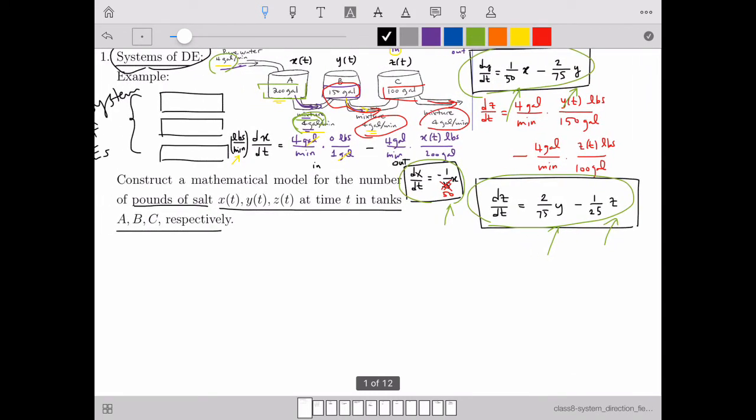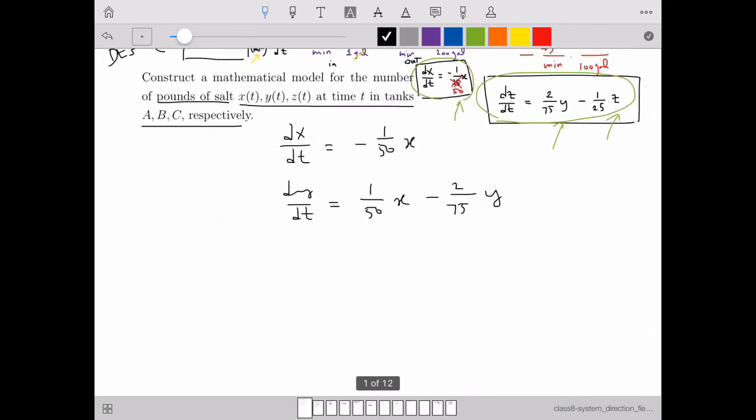We have this system: dx/dt equal to minus 1 over 50 x, dy/dt equal to 1 over 50 x minus 2 over 75 y, dz/dt equal to 2 over 75 y minus 1 over 25 z.